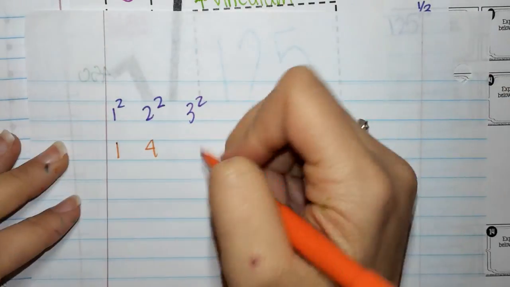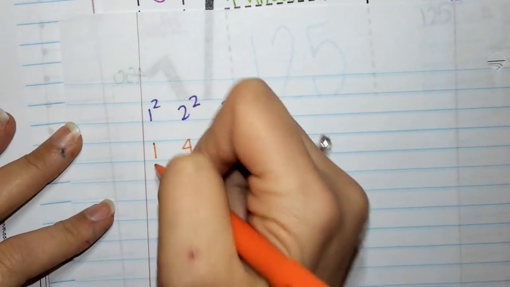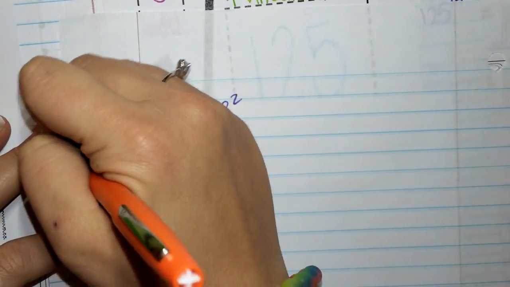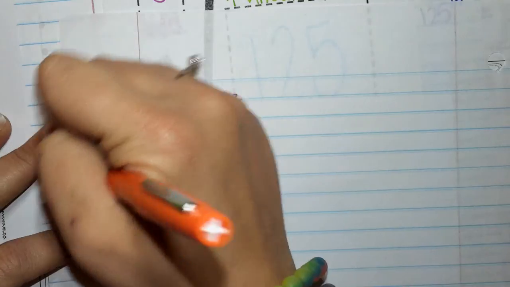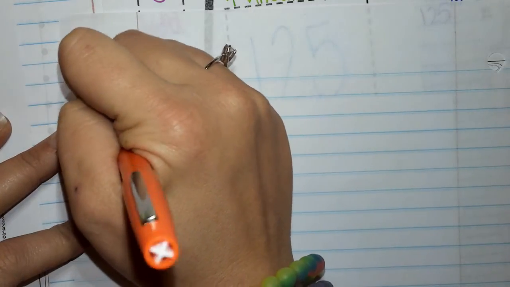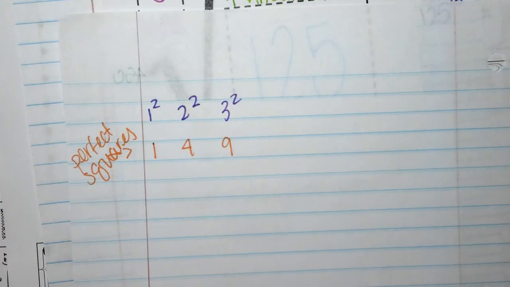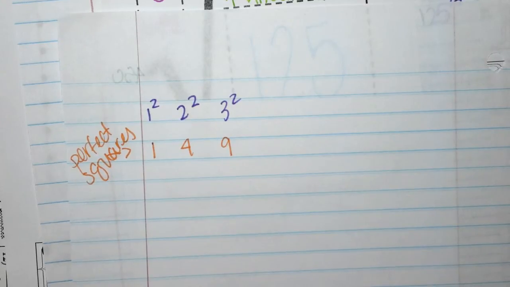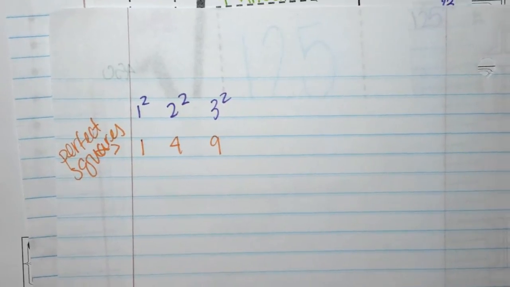The orange is the perfect squares. Write out your perfect squares from 1 to 20.